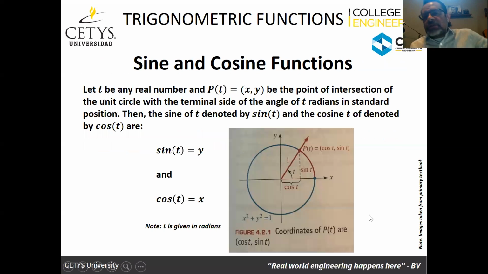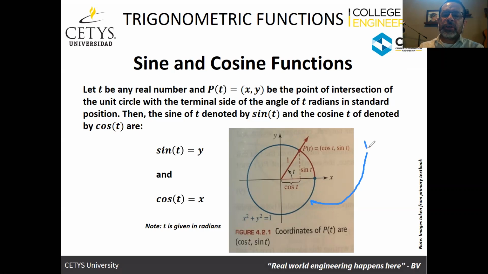And so first, let's talk about the sine and cosine functions and how these are defined. This is the definition of the sine and the cosine. First off, there's a concept here that's called the unit circle. This thing here that's in this circle in blue is called the unit circle.